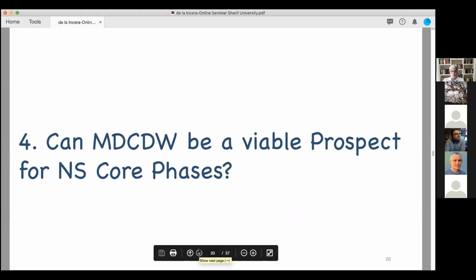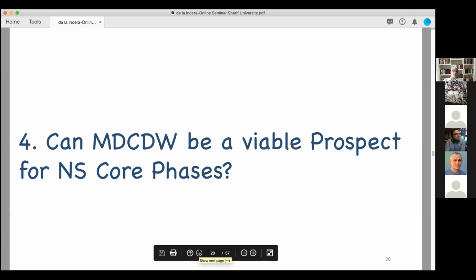And the answer to this question, of course, has to be checked by observations or tests that tell you this phase can be stable. Because by the way, this is important to keep in mind: the MDCDW phase is a single modulated phase, right? That means that the modulation is in a given direction, the direction parallel to the magnetic field.